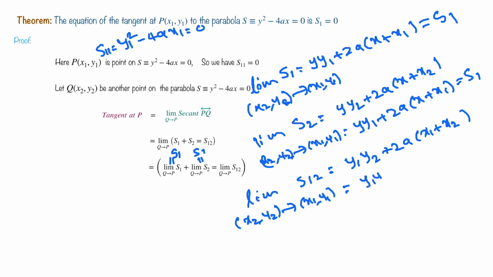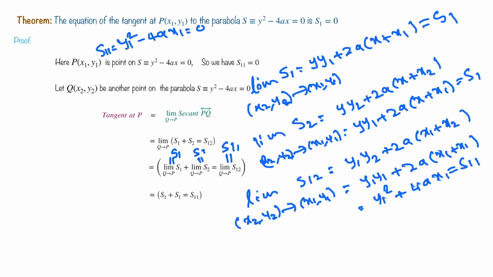So y1 times y1 plus 2a times (x1 plus x1). y1 times y1 is y1², plus 4a x1, which is exactly equal to S11. So the limit Q→P of S12 is S11.